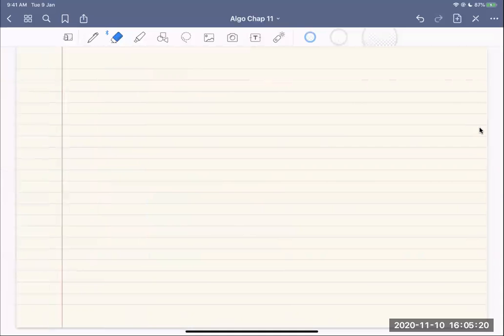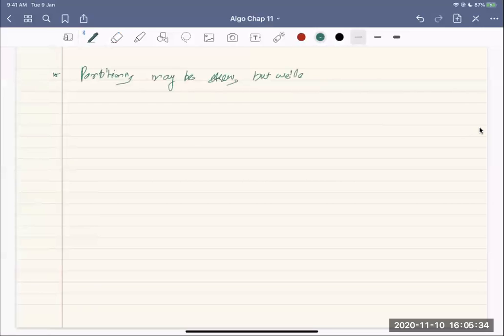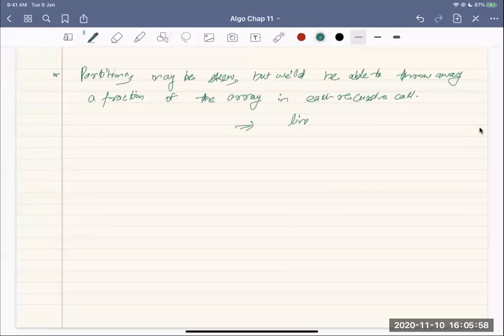So the partitioning may not be equal, it may be skewed, but we should be able to throw away a fraction of the array in each recursive call. And if we can do that, then we get a linear time algorithm. And it's worst case.